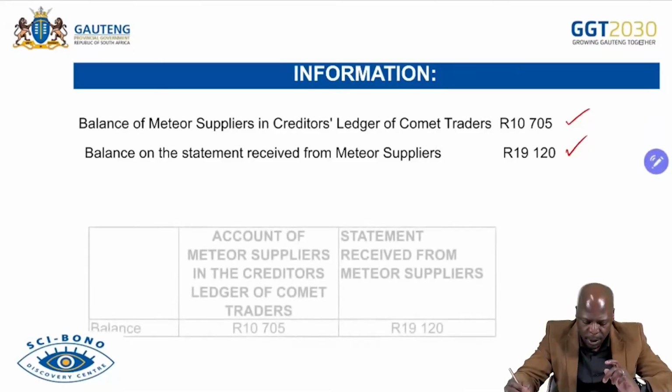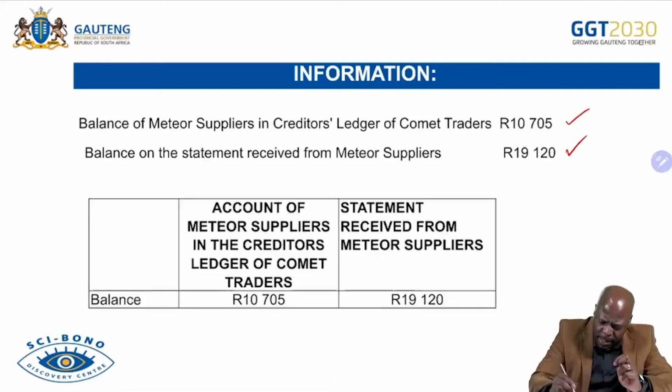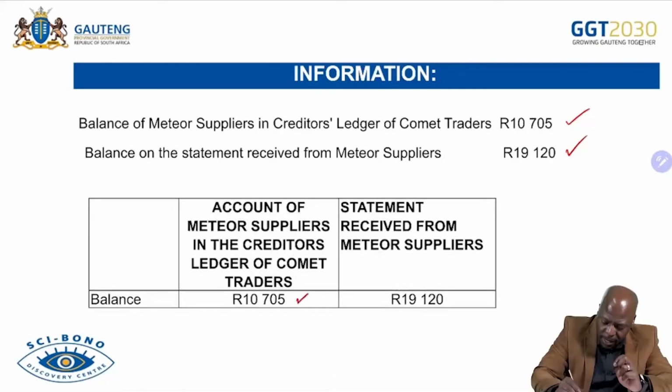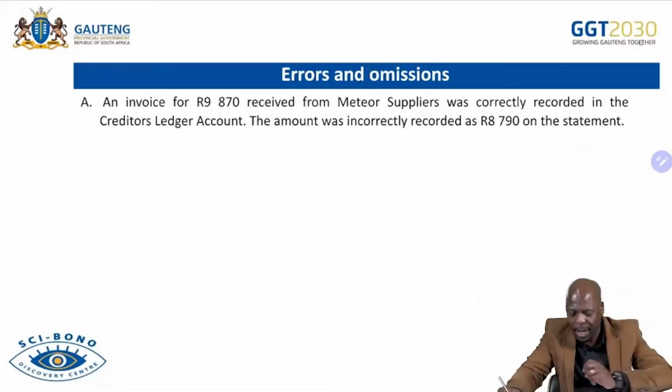If we come to the question, you'd find there's the account of Meteor Suppliers in the creditors ledger of Comet. So the balance would be 10,705, and on the statement it would be 19,120. These are the balances.